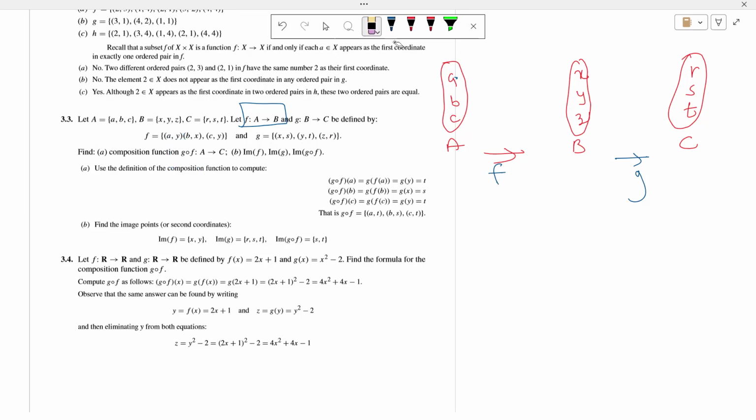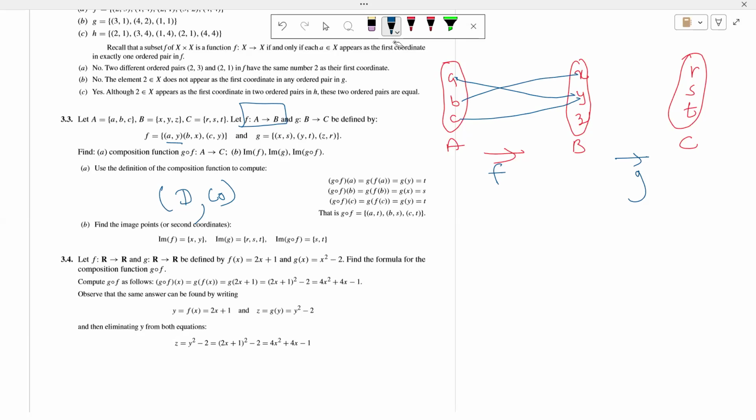If we write a function as a relation, we write it as an ordered pair. The first element is a domain element, the second element is the codomain element, right? So a comma y is the first relation, so a to y. Then the next one, b to x, third one, c to y.